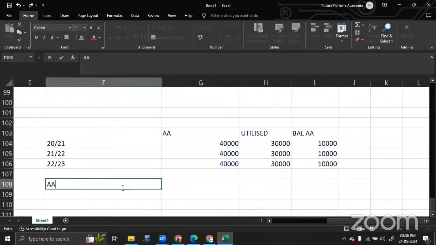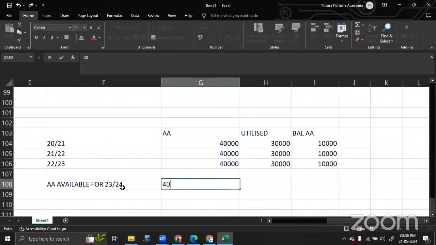So the AA available for 23-24 is equal to the 4,000 of the current year plus the 3 years unused AA, that is 10,000 plus 10,000 plus 10,000, which is equal to 34,000.